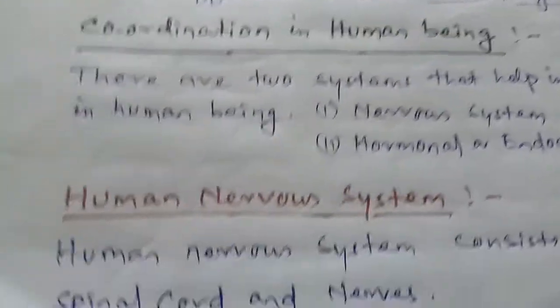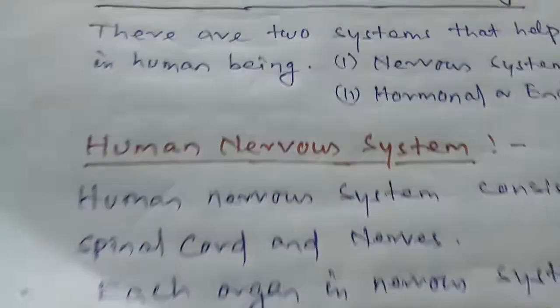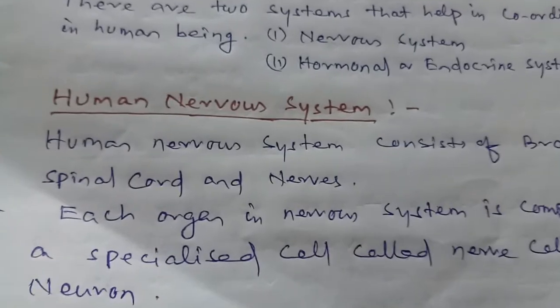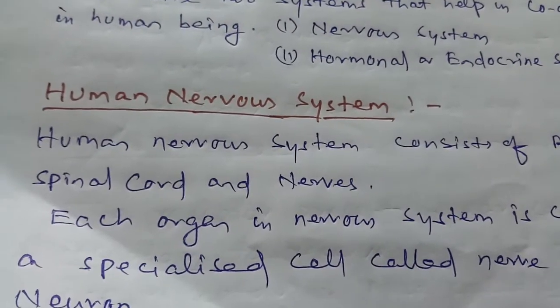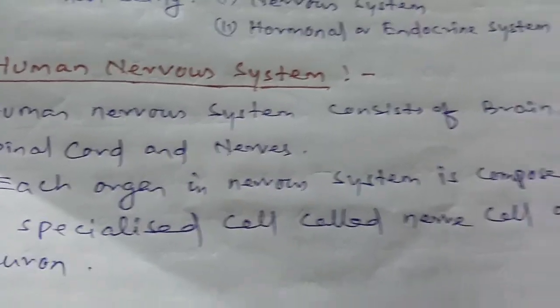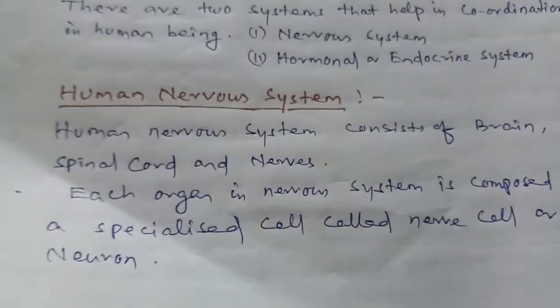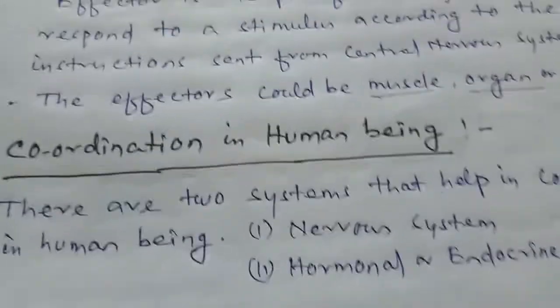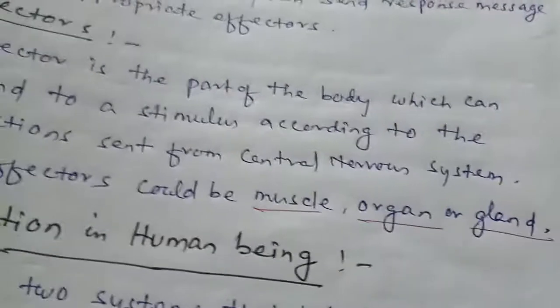Look at the first system, that is the human nervous system. Students, the human nervous system consists of the brain, spinal cord and nerves. Each organ in the nervous system is composed of specialized cells called nerve cells or neurons. Let us look at the structure of neurons first.